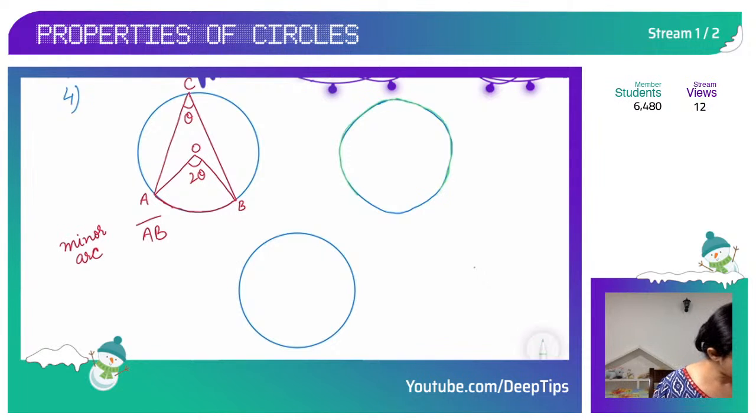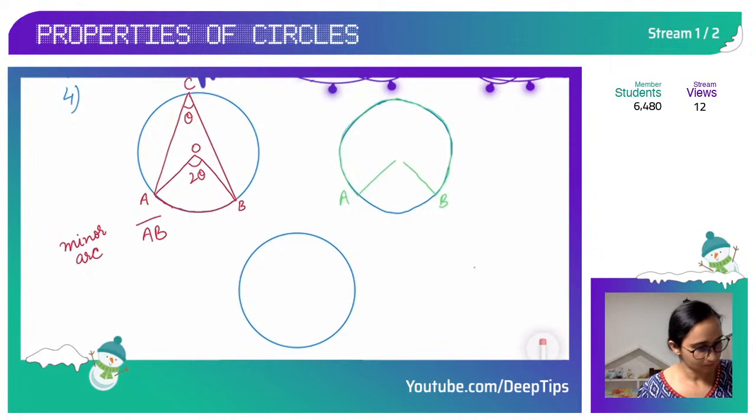Now think how it will subtend an angle and where it will subtend. Of course, it has to subtend at the center. So let's subtend. Now if I mark my center, here is my center O.